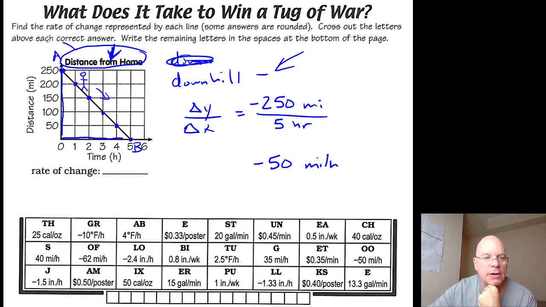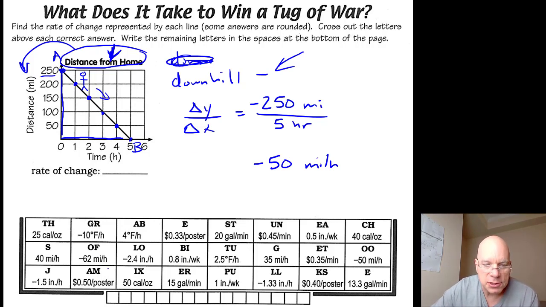The miles are your distance from home. So let's say you were at a relative's house 250 miles away from your house, and then you drove home. As you're driving home, your distance from your home is decreasing until eventually your distance from your home is 0 because you're home 5 hours after you started traveling from your relative's house back to your house. And so that gives you an example of a negative slope.